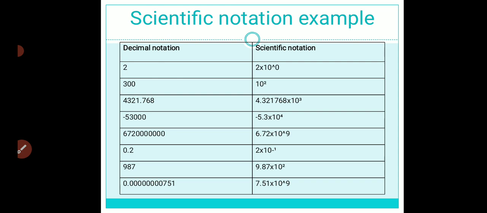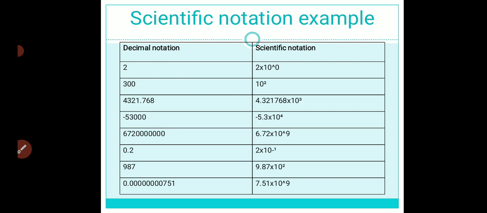For 4,321,768, the scientific notation is 4.321768 times 10 to the power of 3.